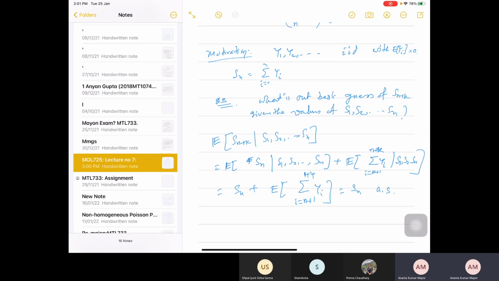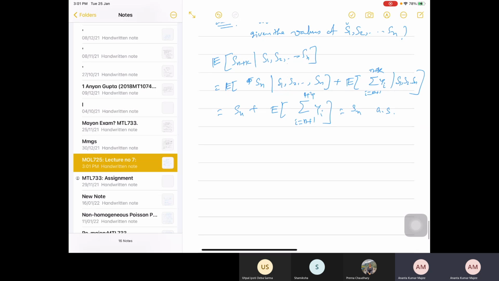So this calculation says that at any time, one's expected future winning given the history of the winnings up to that time is just the current amount of money. S of n is the current amount of money.